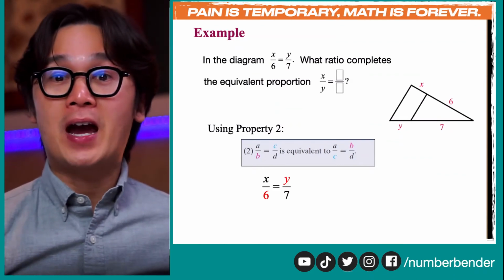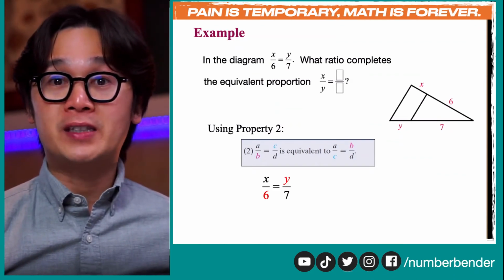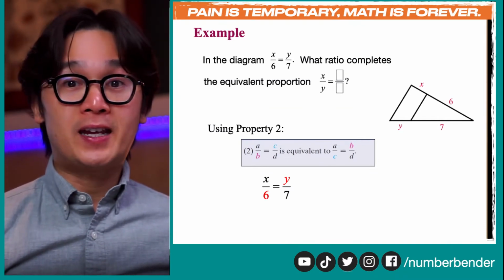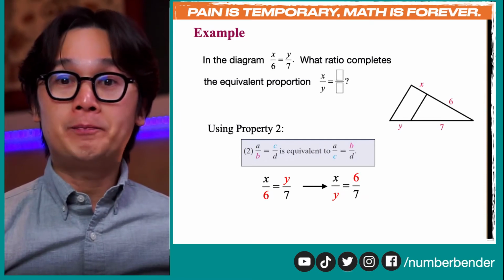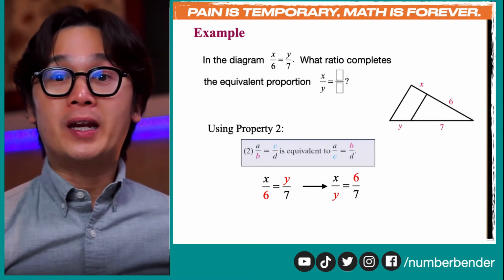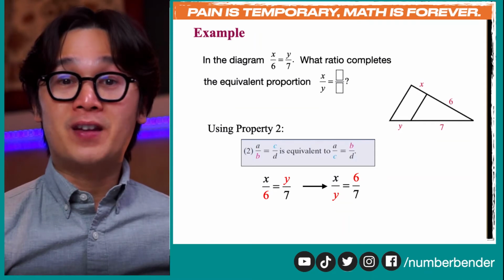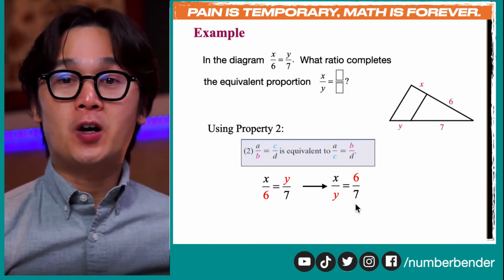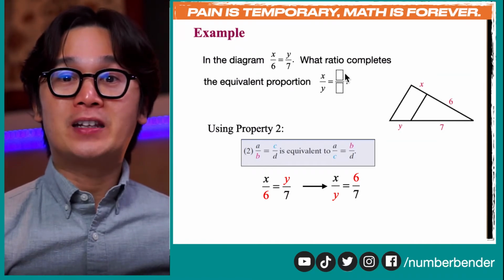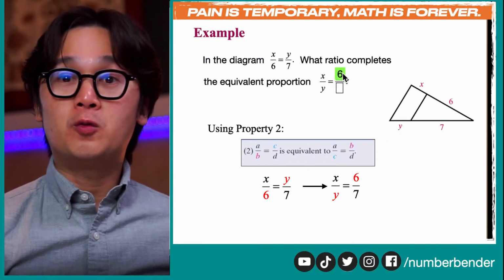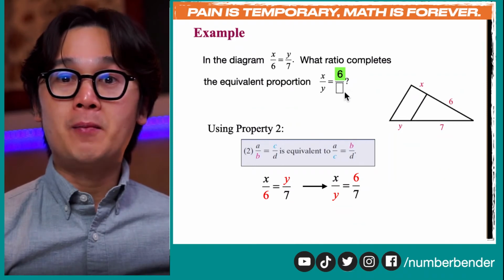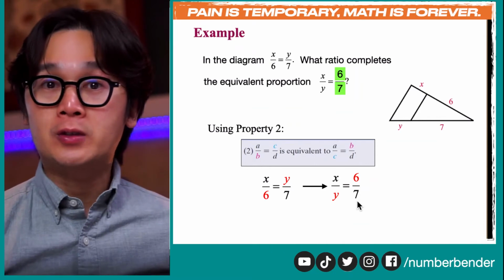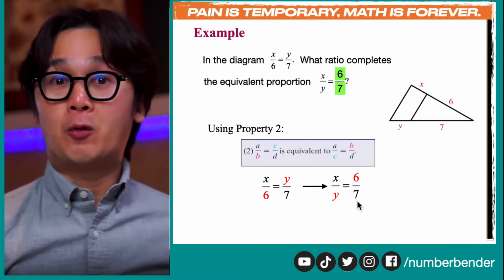So that means if I have x over 6 equal to y over 7, which is our original equation, we're going to switch the 6 and the y, and by doing so, using property number 2, we're able to produce the values of the fractions that we're going to modify our equation with. So this value of the numerator will now be equal to 6, and the denominator will now be equal to 7. And this is how we use the property in modifying our fraction.